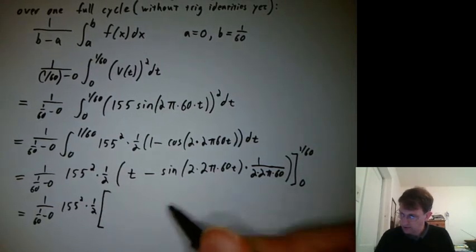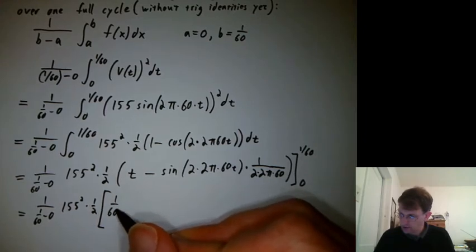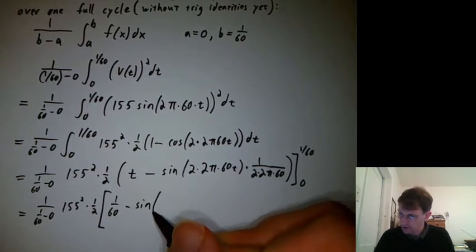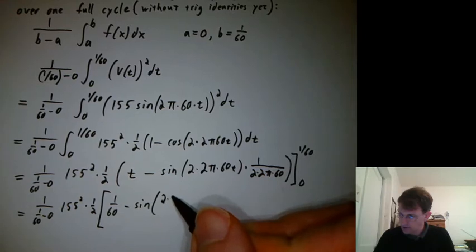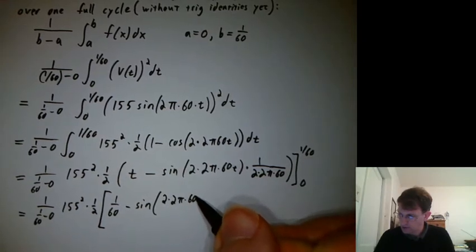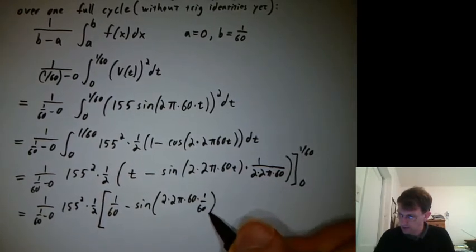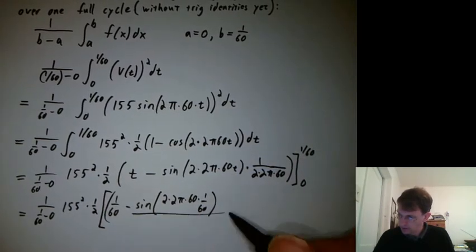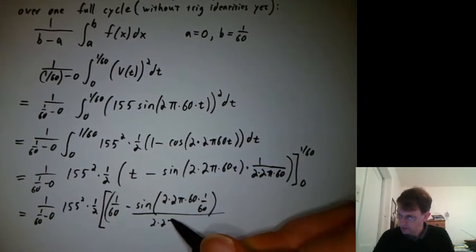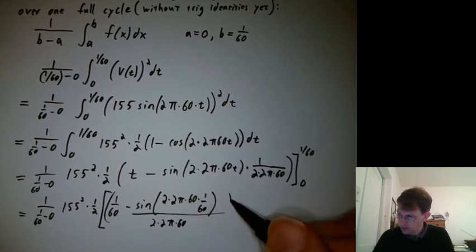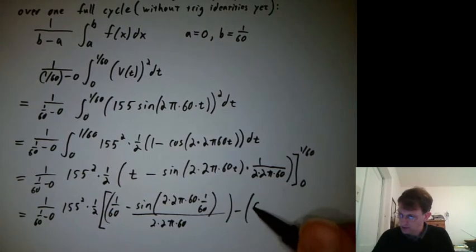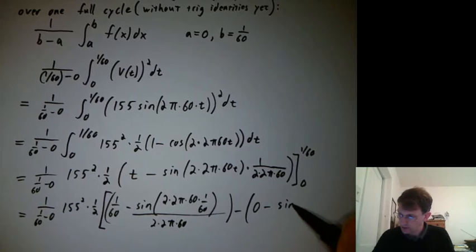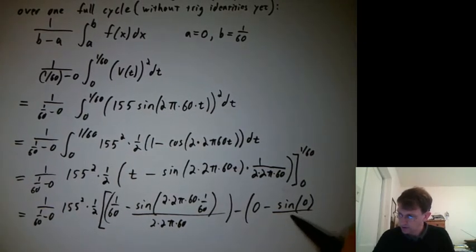And then what do we have? 1 over 60 minus sine of 2 times 2 pi times 60 times 1 over 60, all divided by that stuff. Minus what you get when you plug in 0, which is 0 minus sine of, plug in 0 there, you get 0 over stuff.